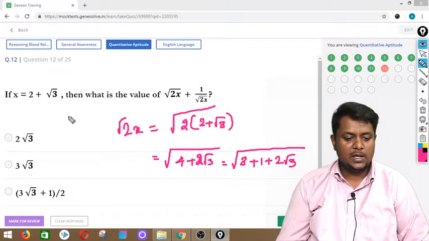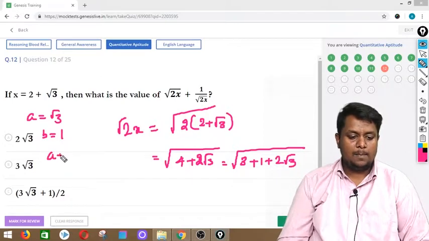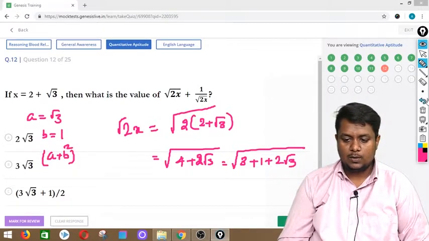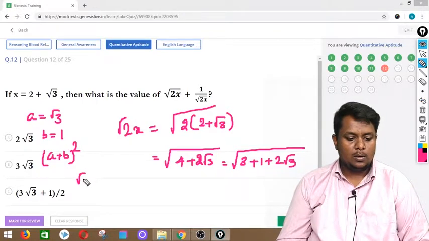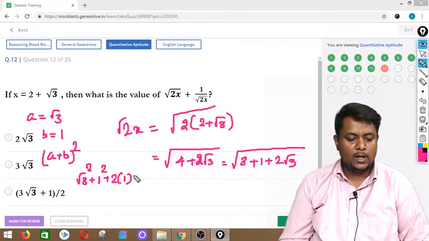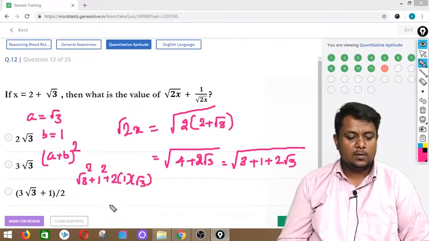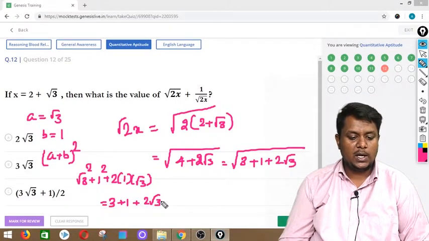Now if you consider a is equal to root 3 and b is equal to 1, (a plus b) the whole square is root 3 square plus 1 square plus 2 into 1 into root 3, which is equal to 3 plus 1 plus 2 root 3.